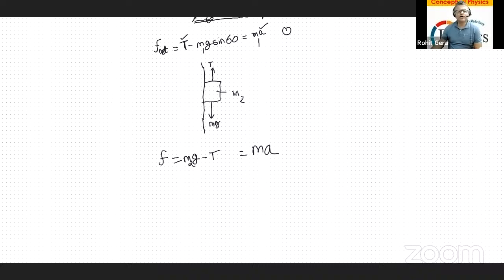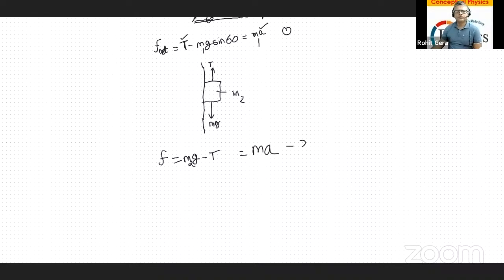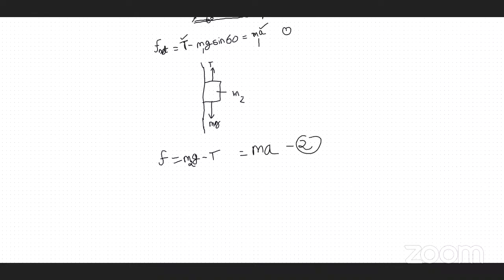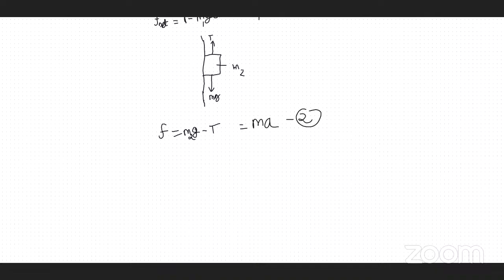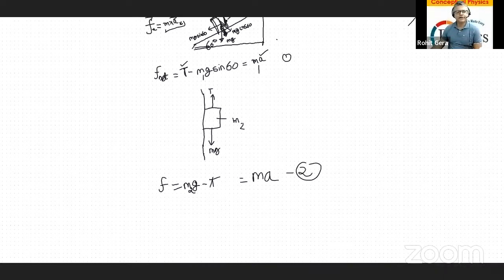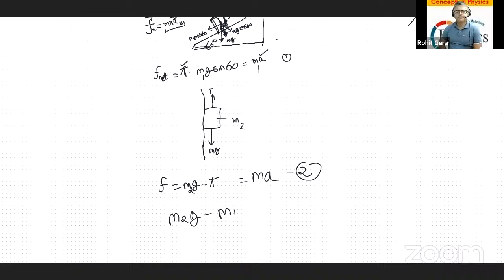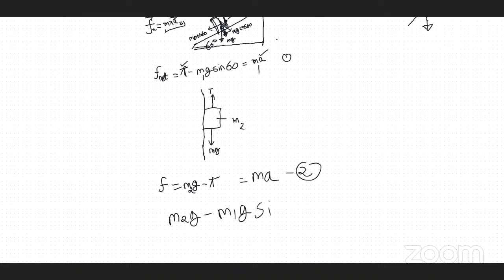That is correct. Absolutely right. So let's add the equations. Correct. So T will go. T will go. Yes, that is correct. Very good. m2g minus m1 g sin 60 equals to 2ma. Correct.